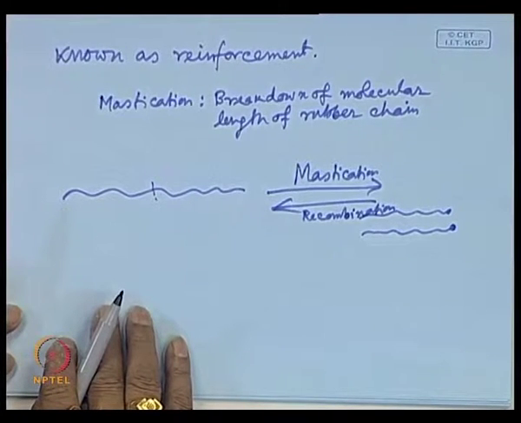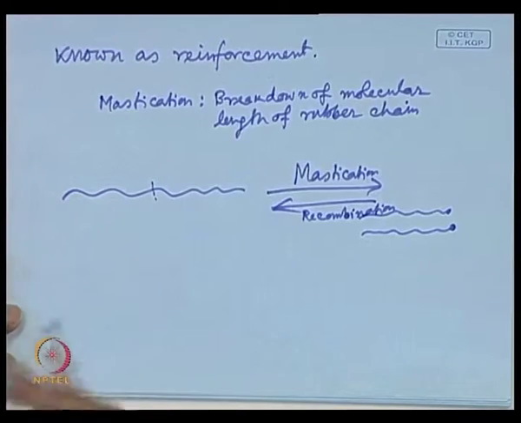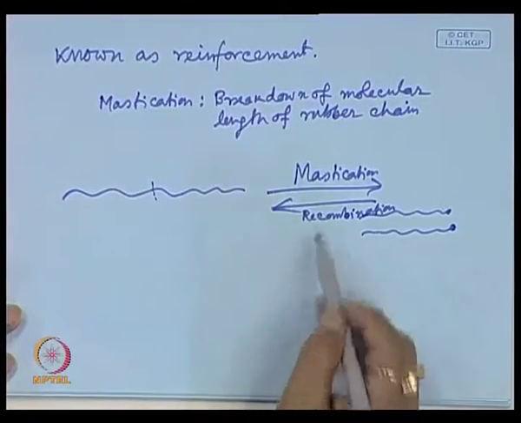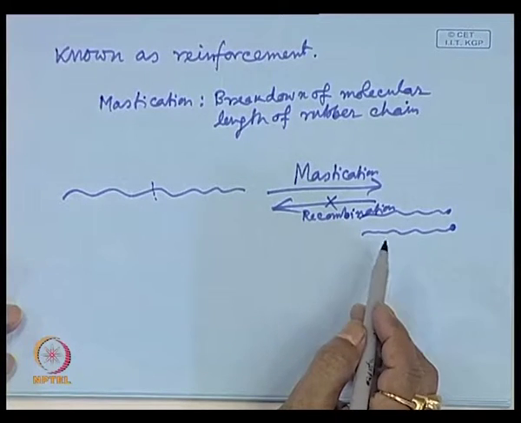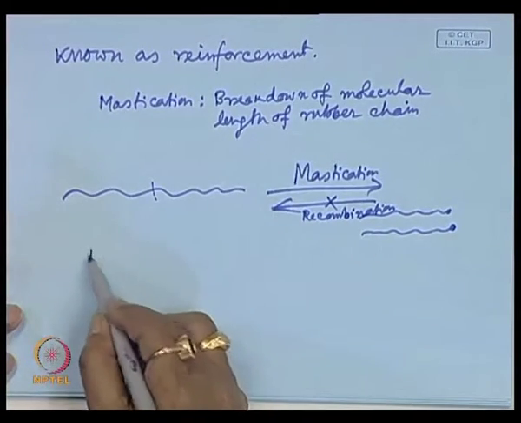As you go for more milling time, then you are losing power, that means it costs more, increasing the price of the product. So, that is not advisable. So, in order to prevent such recombination, that means in order to avoid this reversible process, what do you do? We use peptizer.